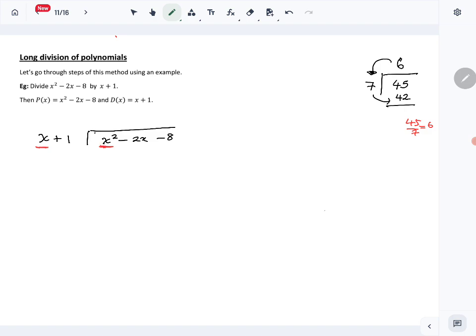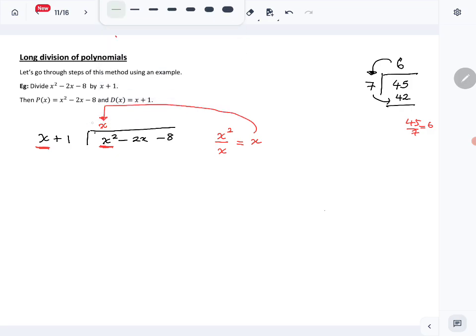So here we only look at the leading terms. Okay, leading terms. So we look at the leading term inside and the leading term outside. So we need to do leading term inside divided by leading term outside. What is the answer? x. That you bring here and put it here. So that is the first part of the quotient.